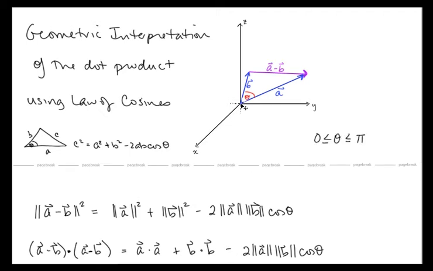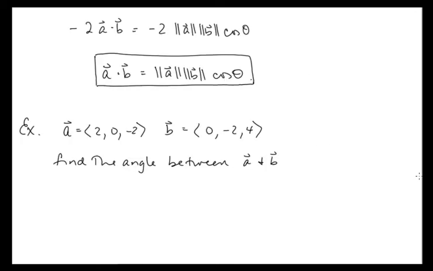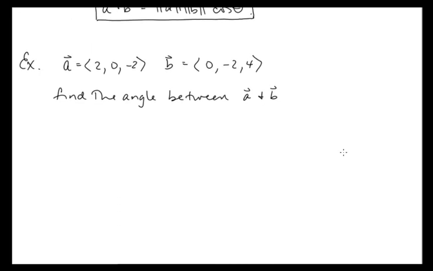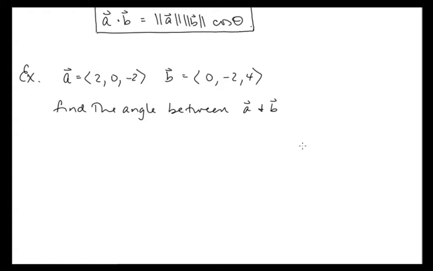Now let's take a look at this problem. If vector A is 2, 0, negative 2, and vector B is 0, negative 2, 4, find the angle between A and B. Well, we know that we're going to use this formula here. A dot B is length of A, length of B times cosine theta.